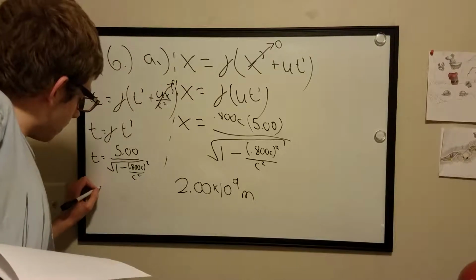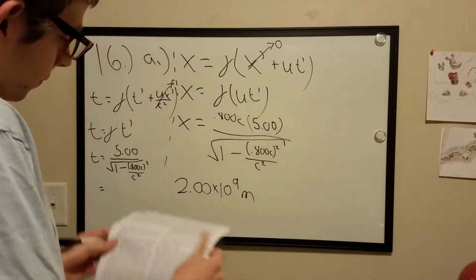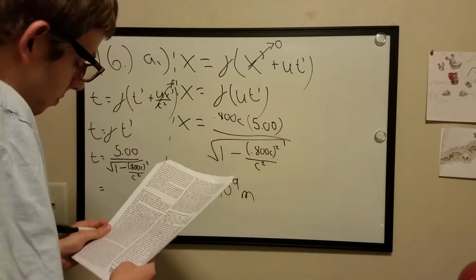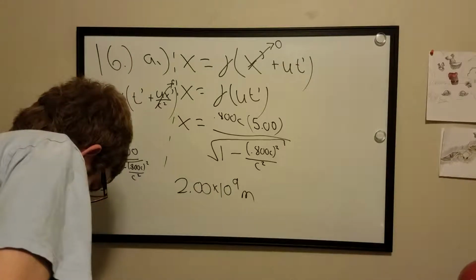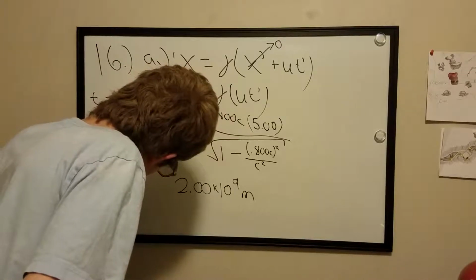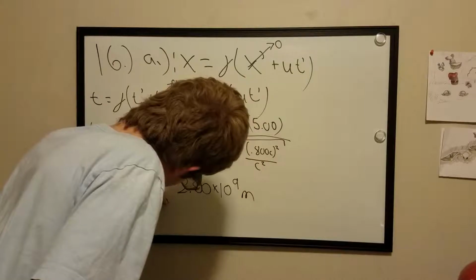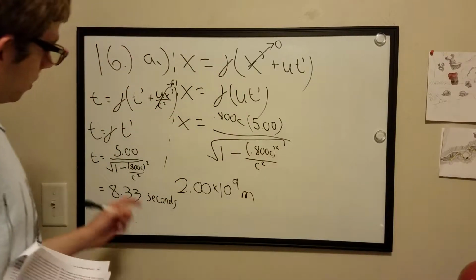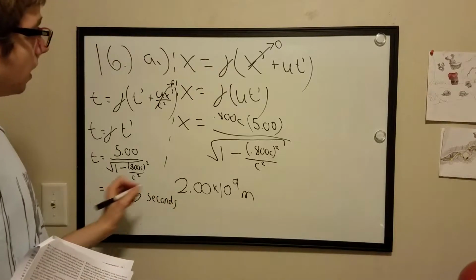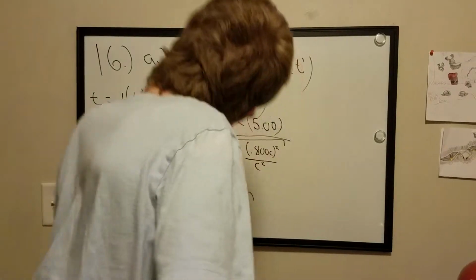If you evaluate this and keep track of significant figures, Stanley's time for when the event of the light turning on happens, he measures to be 8.33 seconds. Okay, so this is it for part A. We found Stanley's time, and then we found Stanley's position. All right, so now let's move on to part B.